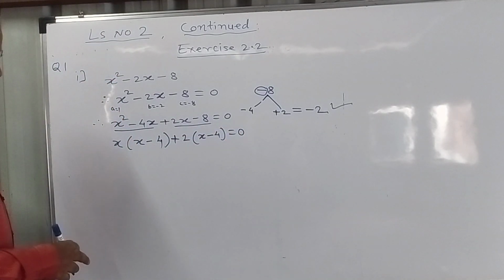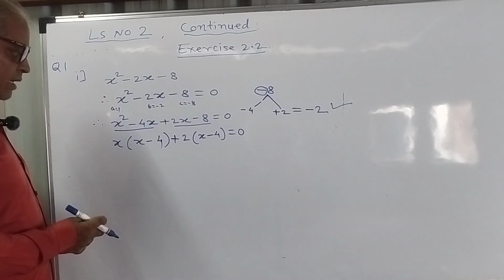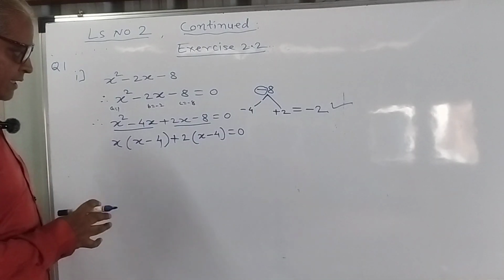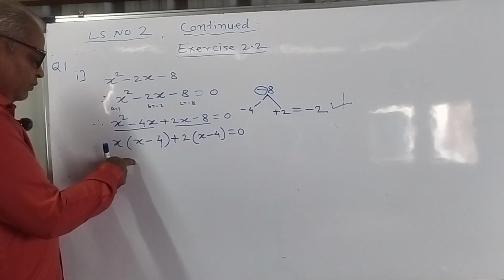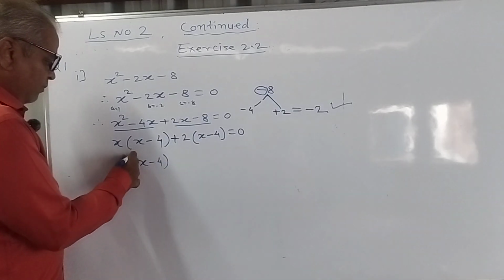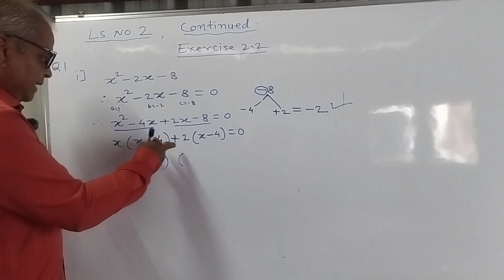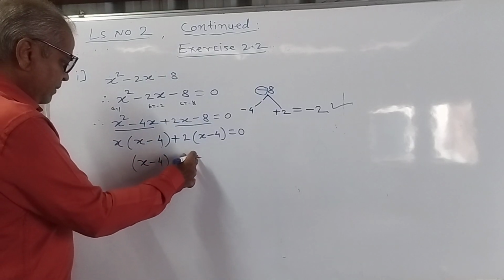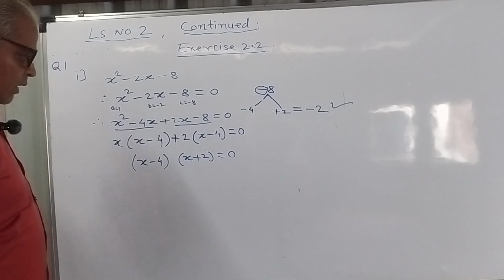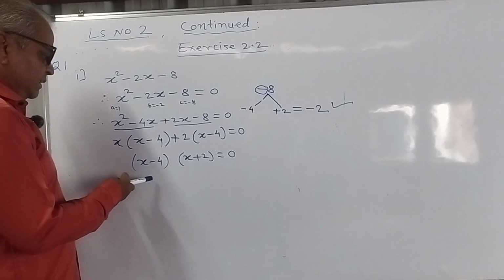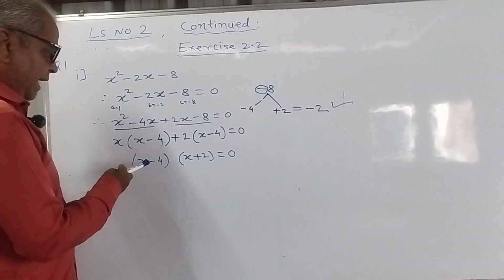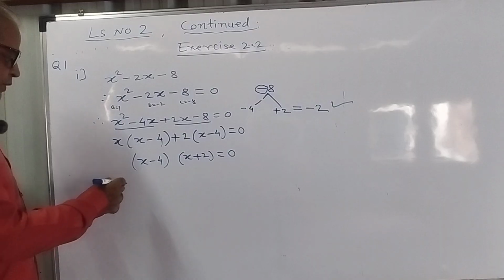While solving such examples by splitting the middle term, these two brackets have to be the same, otherwise something is wrong. So now the next step is take this x minus 4 common, and this x and this plus 2 in the other bracket is equal to 0. Now this step shows us that the product of two brackets is 0. That means either of the brackets must be 0.